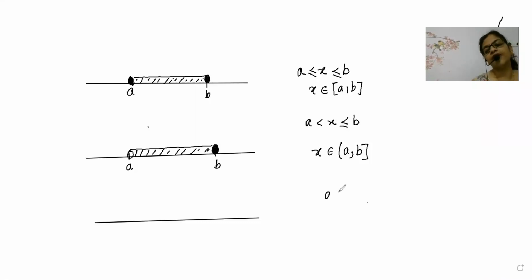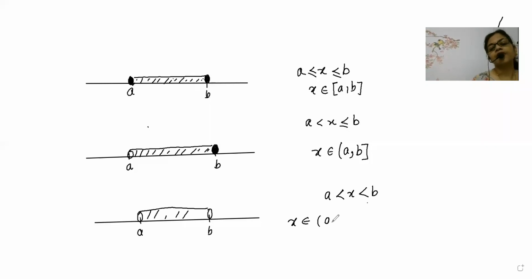Now you tell me, when X is greater than A and less than B, in this case, neither A nor B will be included. So 100% in this case you will be containing elements which do not include A and do not include B.